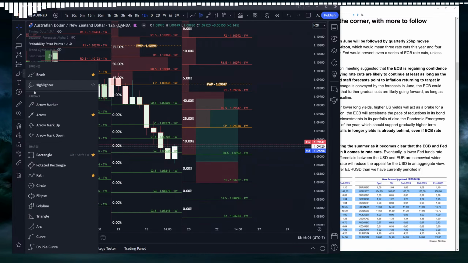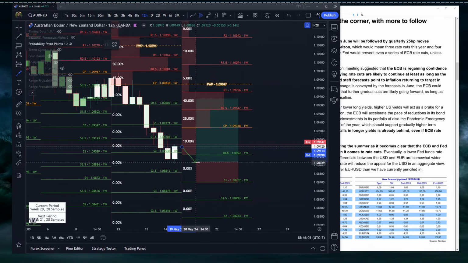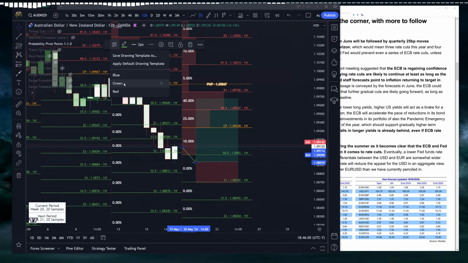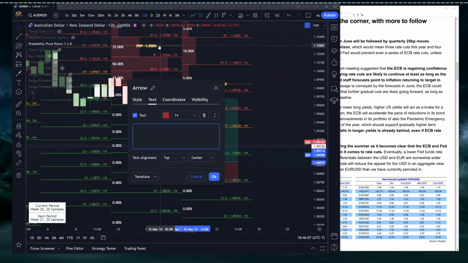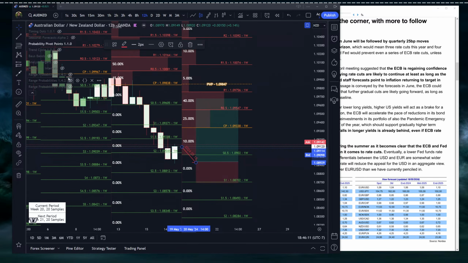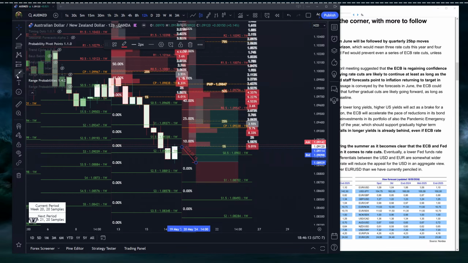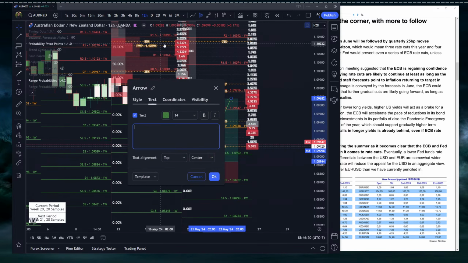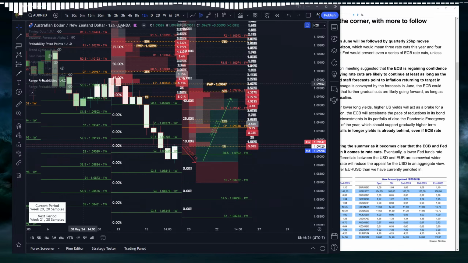So let's do an expectation along these lines here. And up. So that's just the nominal trade plan.